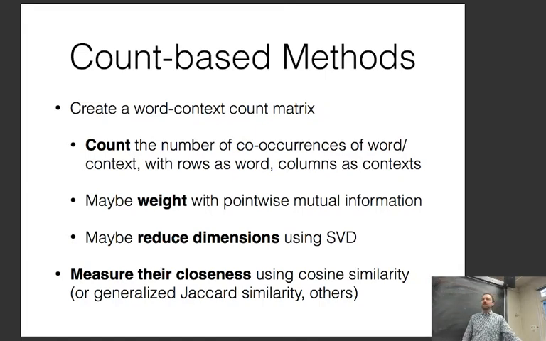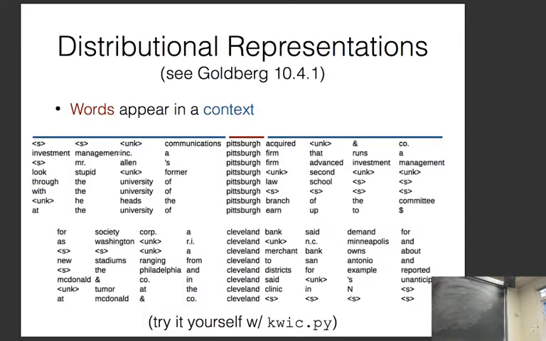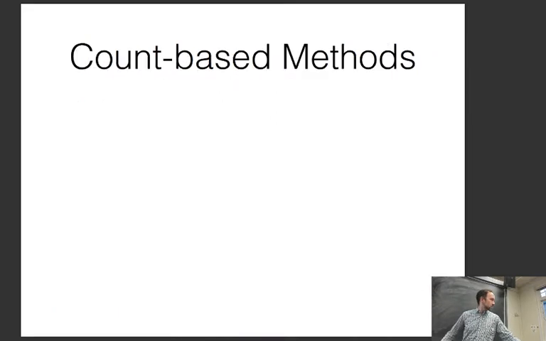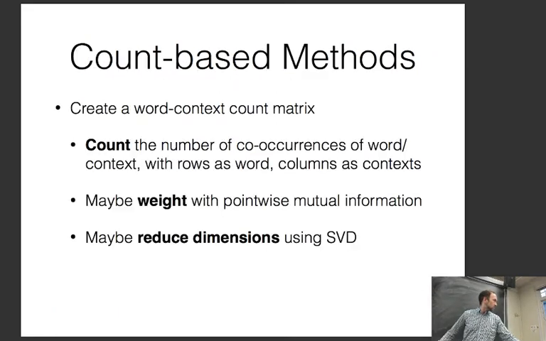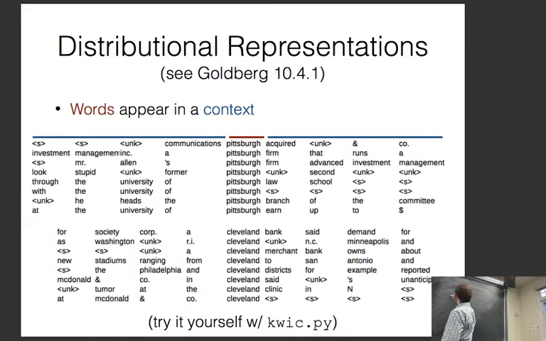Yeah. What exactly do you mean by context? Is it actually a mapping of the words irrespective of order, or how does it work? That's a good question. So the question was, what do I mean by context?